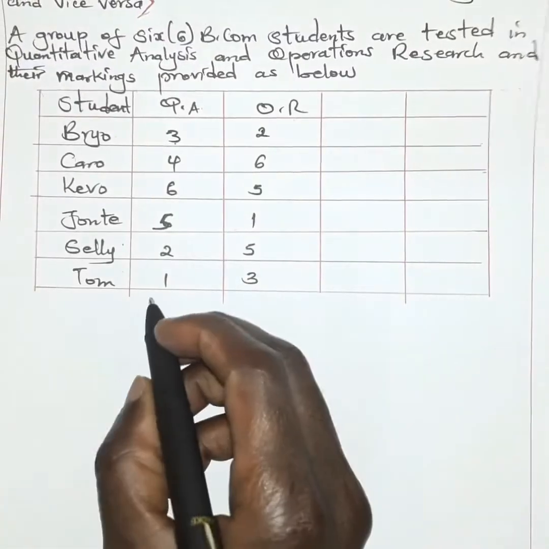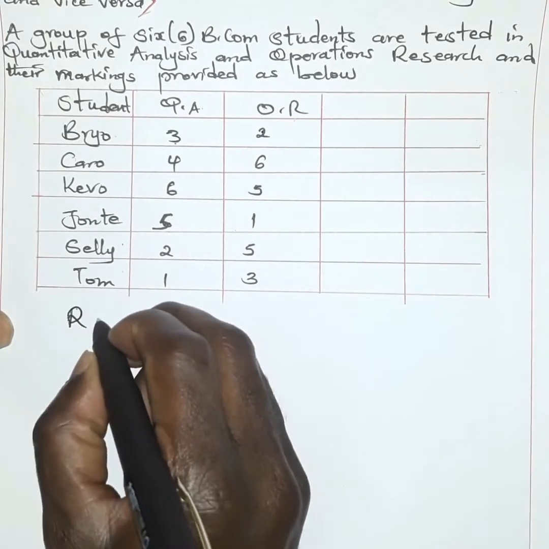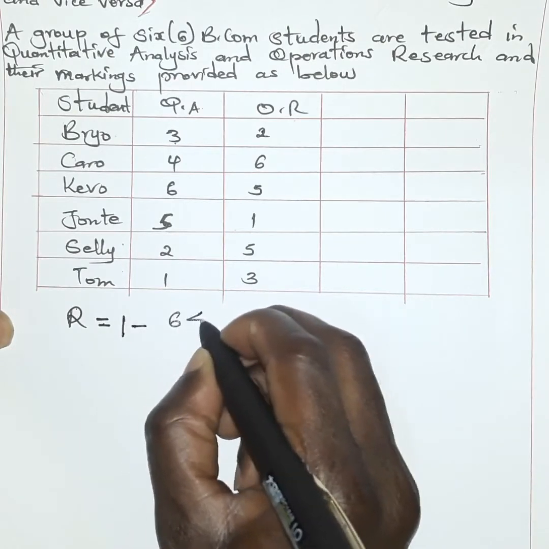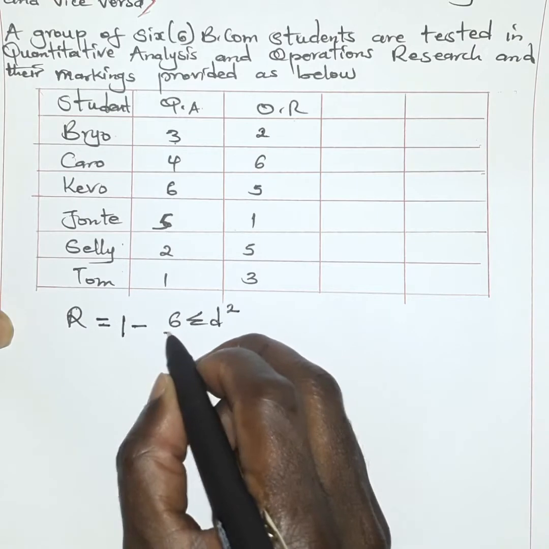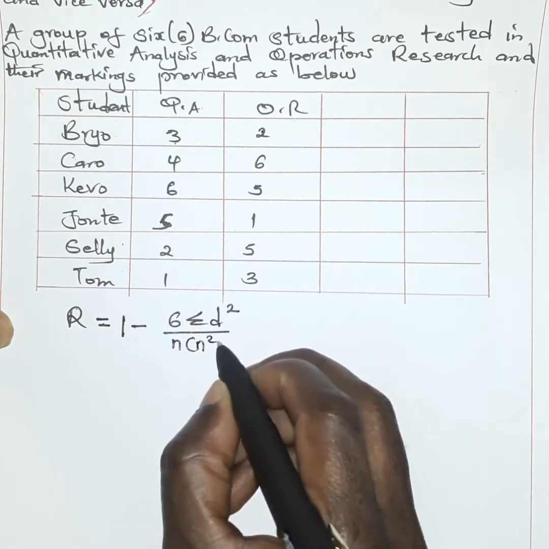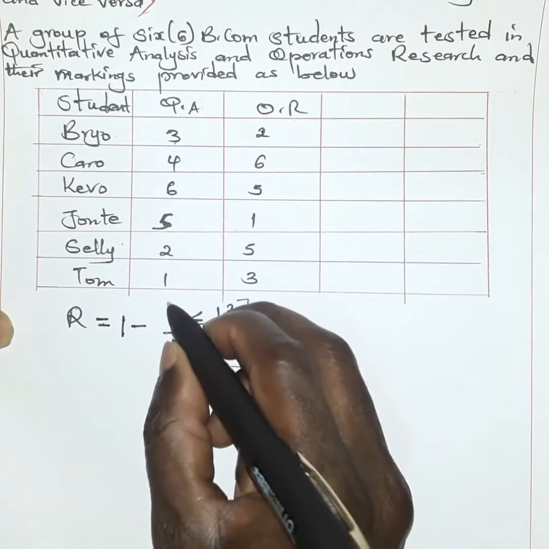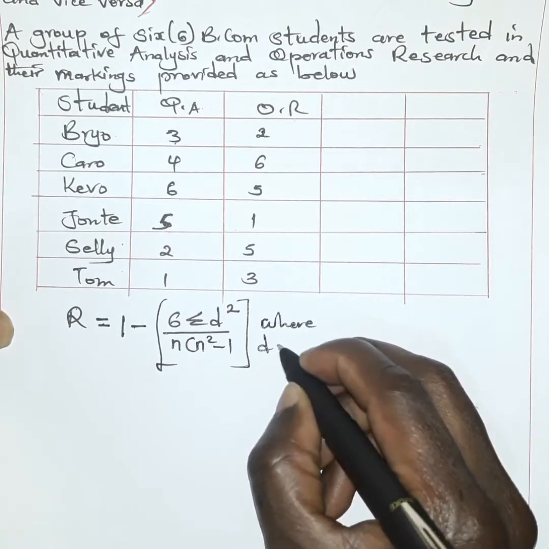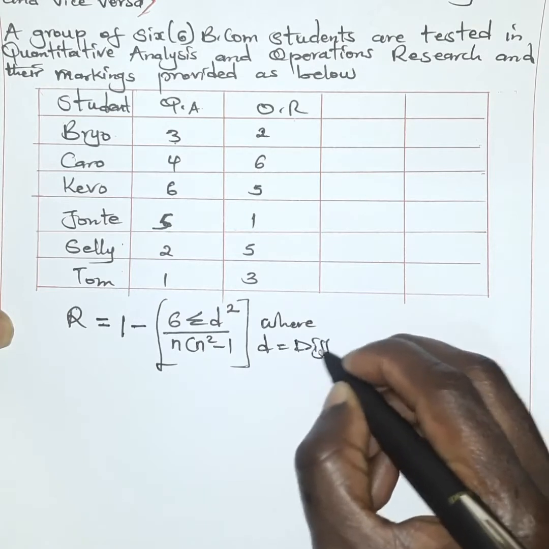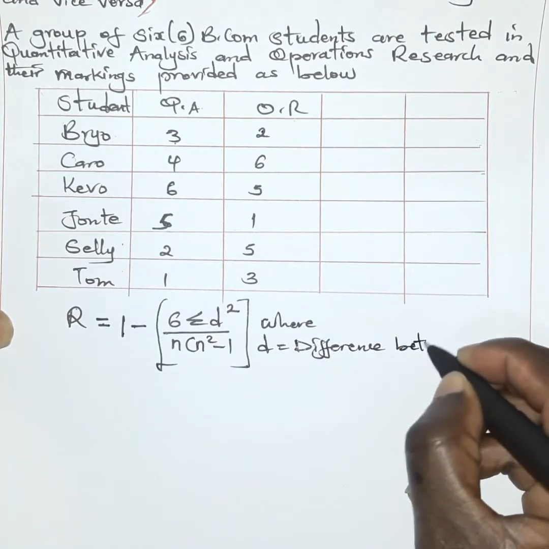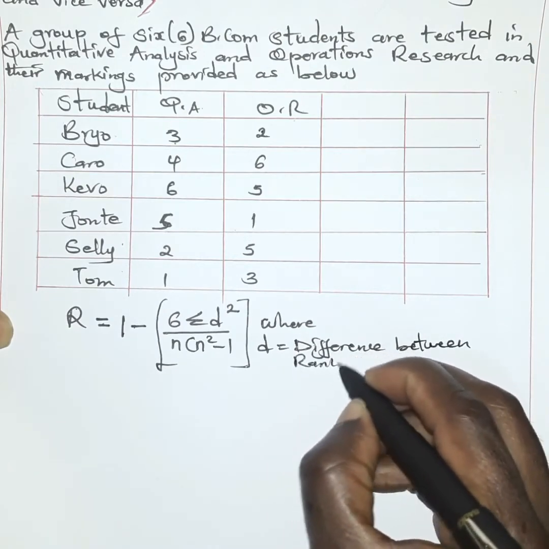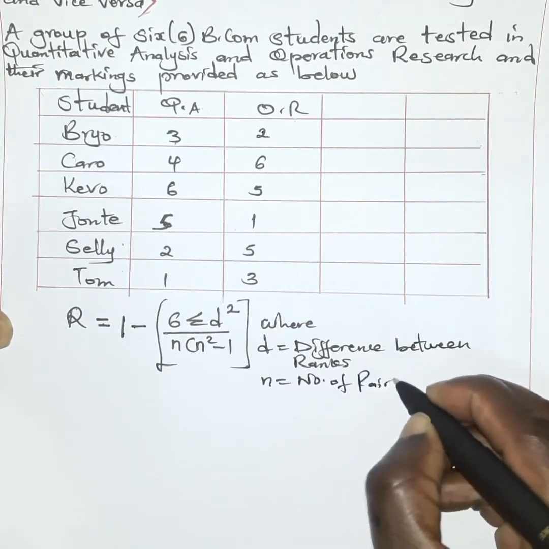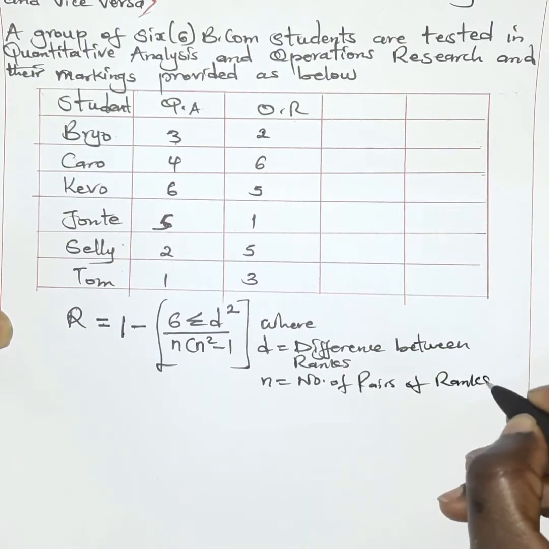When we talk about R, it is given by the formula 1 minus 6 summation of D squared divided by n into n squared minus 1, where D refers to the difference between ranks, and n refers to the number of pairs of ranks.